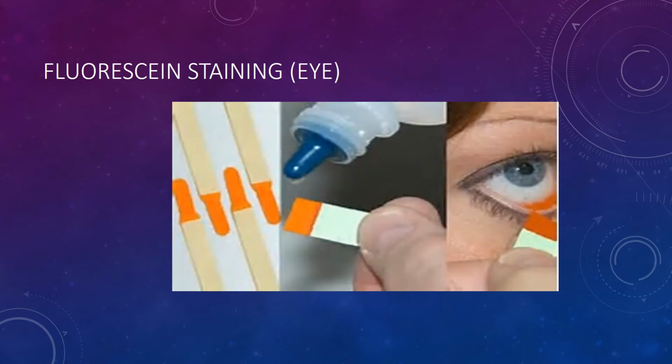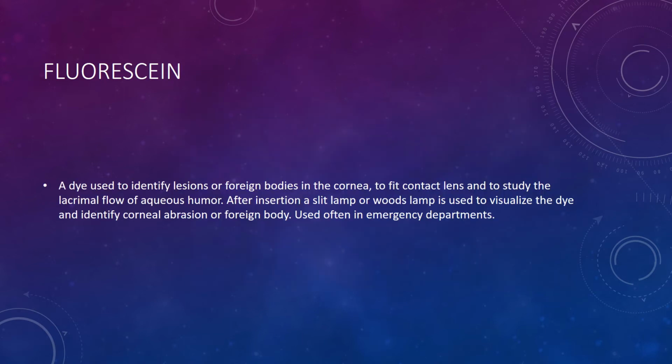We do have a fluorescent staining that's used, and that can be done to help visualize or diagnose any kind of ulcers or anything like that in the eye. And as you can see in the picture there, that's how they do it, and you usually see this done in the emergency setting.